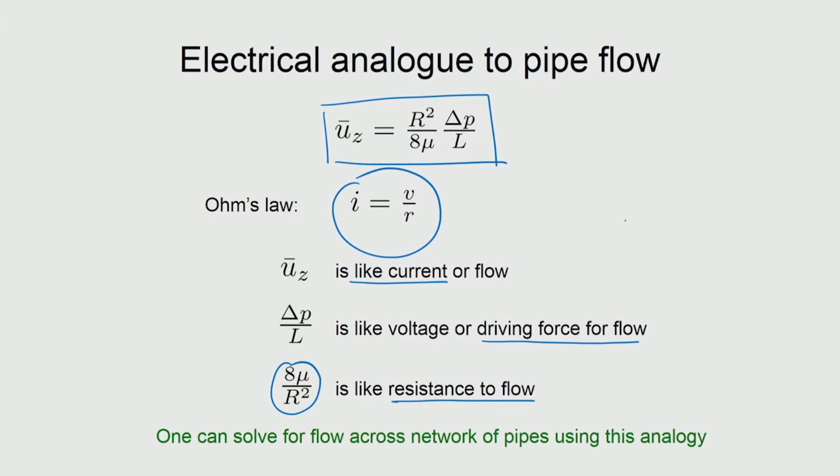Whenever you have a network of pipes, for example, in situations like this, what happens to the flow and what would be the pressures at different junctions, etc. These can be solved using the same analogy. You could also solve them piece by piece, but that would be a little more tedious.